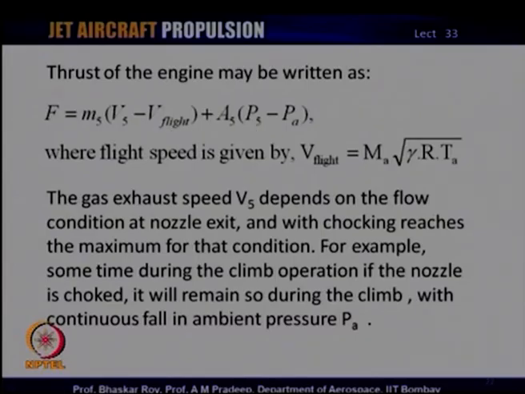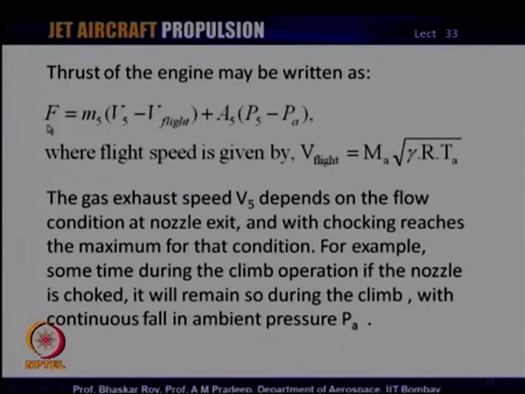And the momentum thrust in this equation is also supplemented by the pressure thrust, which comes out of the nozzle exit pressure. And if there is a residual nozzle exit pressure, that as we know gives us a pressure thrust, and that together gives us the instantaneous thrust of the engine.